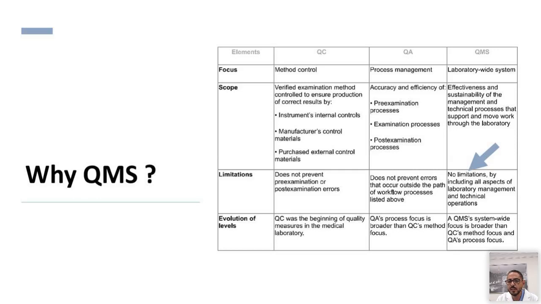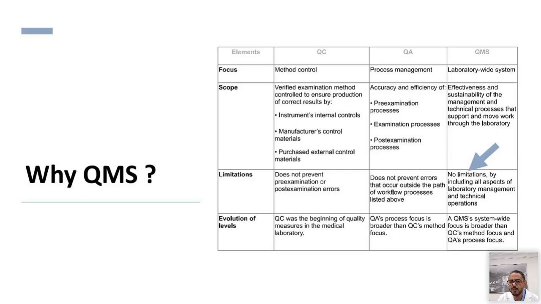While quality assurance is where you are looking at the process itself from different dimensions. And here the difference is really explained in the table, that it would target the pre-examination, pre-analytical aspect of the process. You are looking at the process itself, you're not looking at the method. Now we are expanding the view to look at the process from the three different steps: pre-analytical, analytical or examination, and post-examination, also including the reporting and so on.